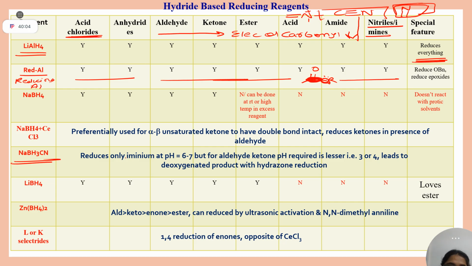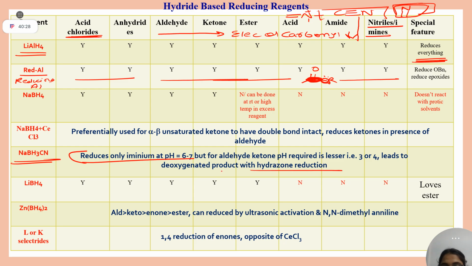It reduces iminium, not imine, at pH 6 to 7. Other than that, at pH 6 to 7, it can't reduce any of the carbonyls. Iminium comes ahead of acid chloride. But for aldehyde and ketone, the pH required is lower, that is 3 to 4.